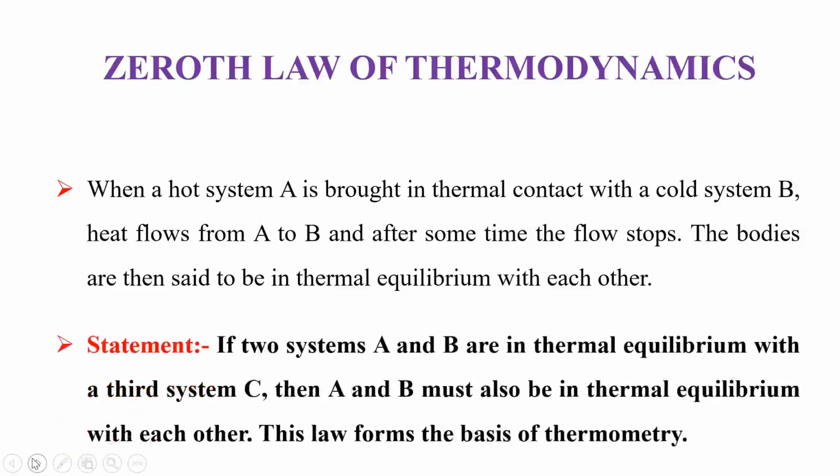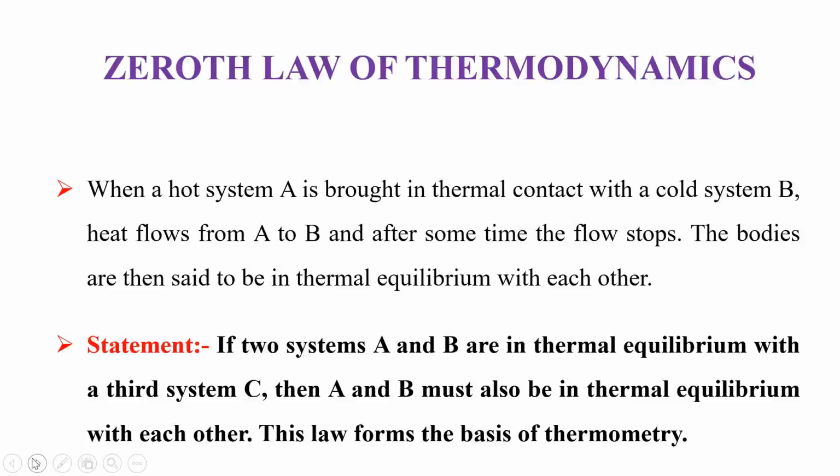That's why the statement of the zeroth law of thermodynamics is: if two systems A and B are in thermal equilibrium with a system C, then A and B must also be in thermal equilibrium with each other. This law is the basis of thermometry. This is the statement of the zeroth law.